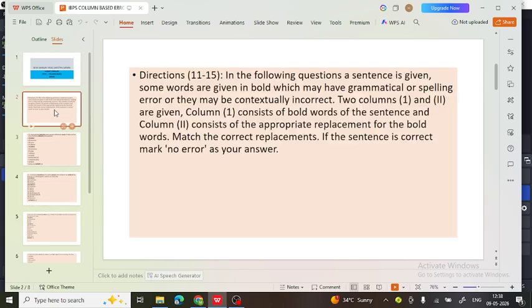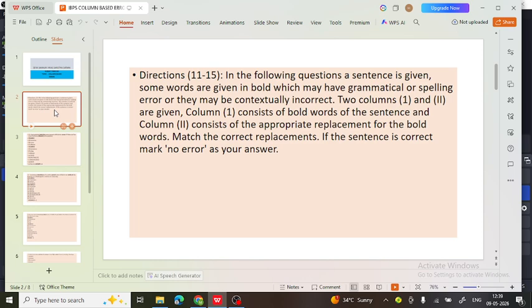In such questions, different parts of the sentence will be highlighted, and these highlighted parts may or may not contain some error, either a grammatical error or a contextual error.